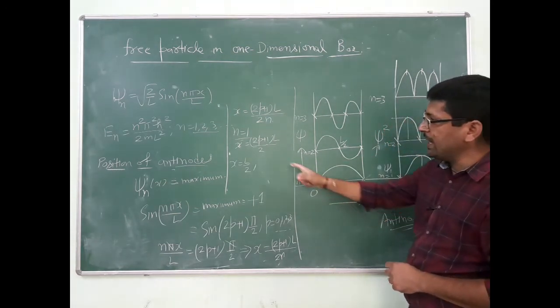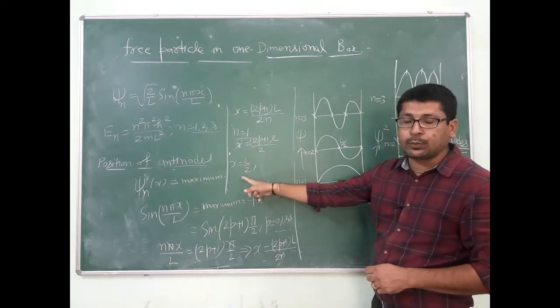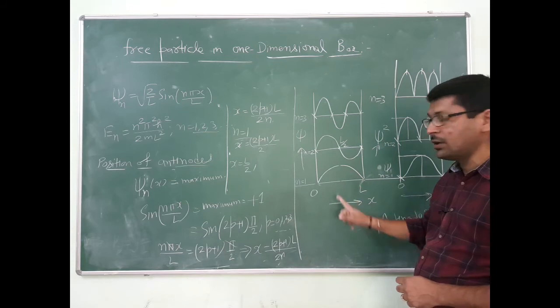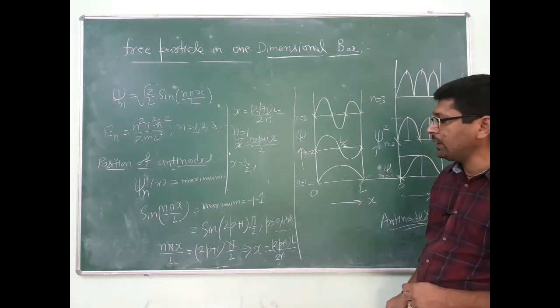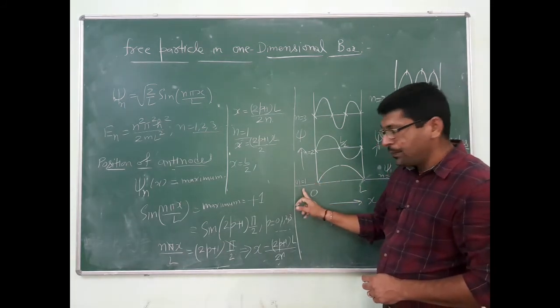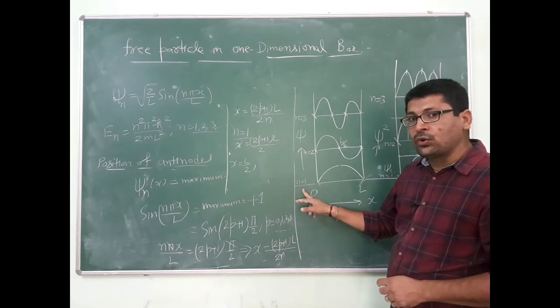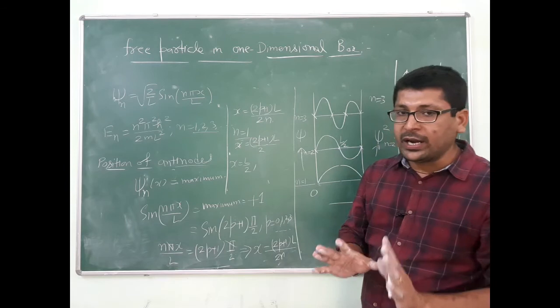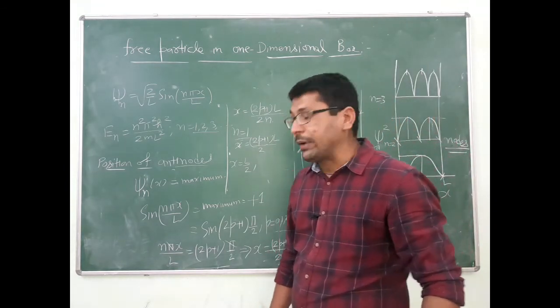So for n is equal to 1, we have only one position at which our wave function is maximum, that is, only one point at which the probability of finding the particle will be maximum.